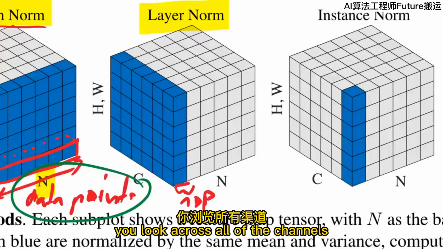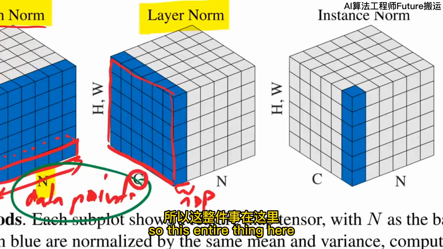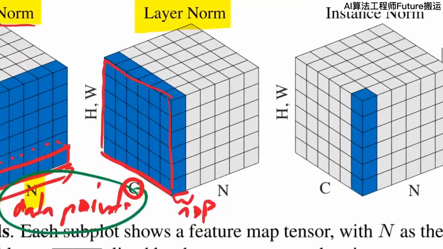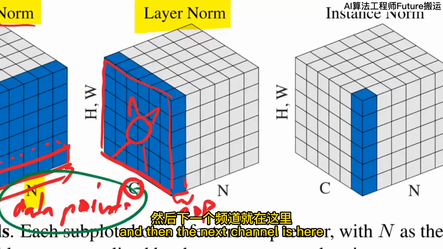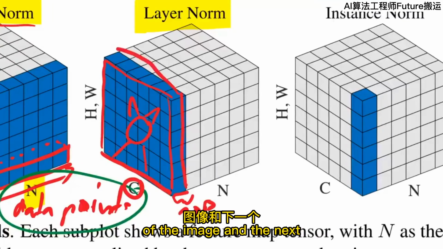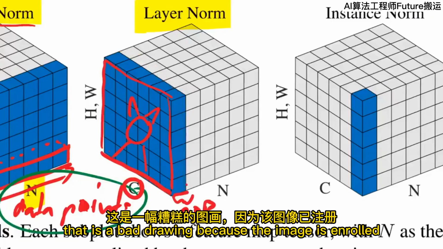But what you'll do is you'll look across all of the channels right here, so all of the channels and all of the width and height. So this entire thing here is basically one channel, right? And then the next channel is here of the image, and the next, no, that's the next image. Well, that is a bad drawing because the image is unrolled.